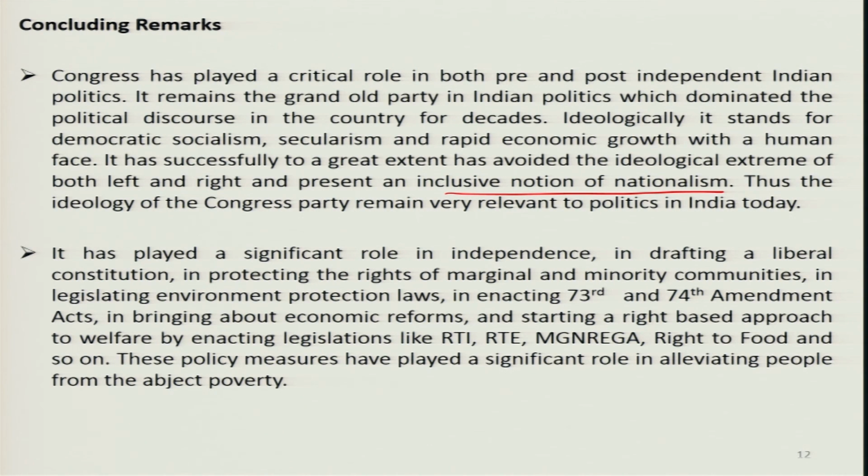These policy measures have played a significant role in alleviating people from abject poverty.